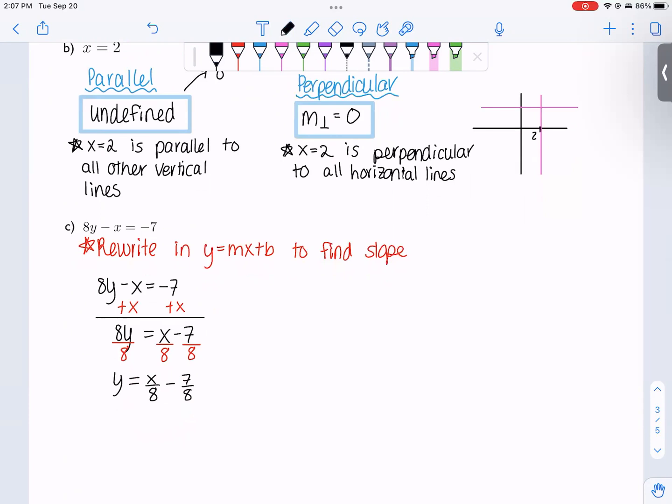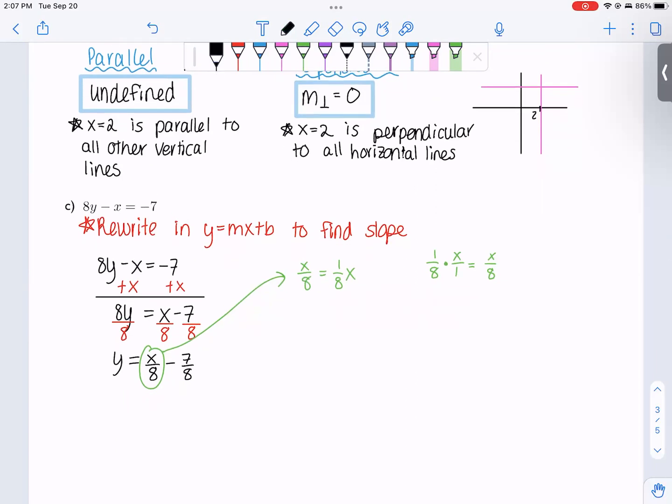But this x over 8 thing might be kind of confusing. x over 8 is the same thing as 1/8 x, because if you multiply 1 over 8 and x, which is the same as x over 1, you would multiply those fractions straight across, x over 8. So this really is y equals 1/8 x minus 7/8.